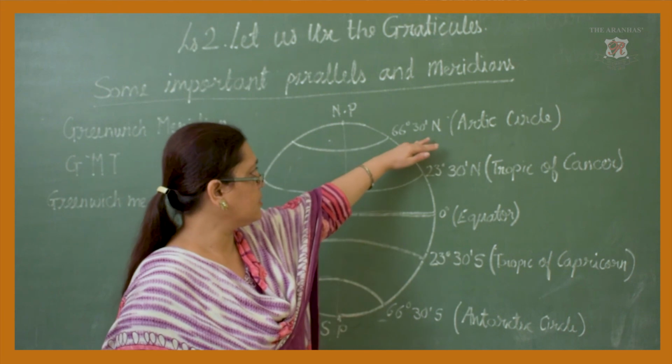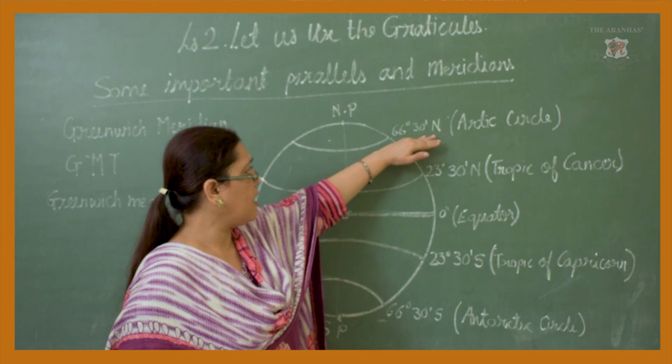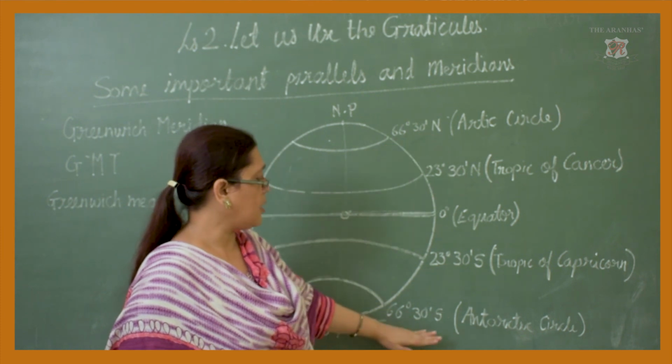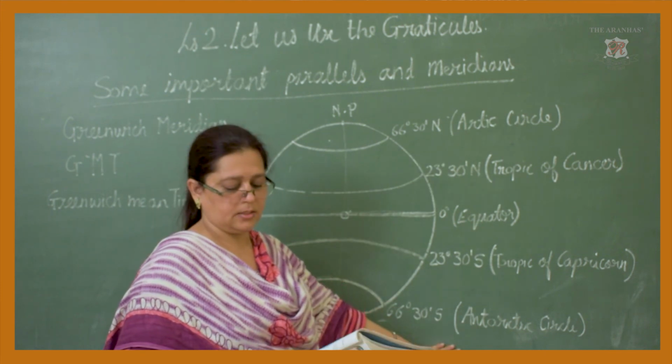Then we proceed further. 66 and a half degrees north and south is the Arctic Circle and the Antarctic Circle.